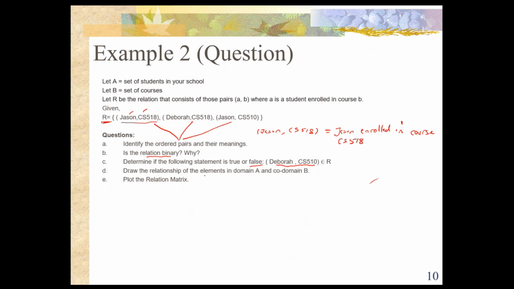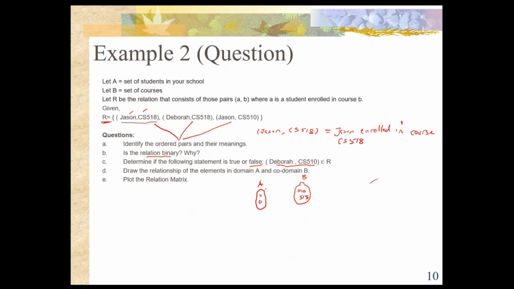Draw the relationship of the elements in domain A and codomain B. Okay, so the gist here is you first draw the domain, then draw the codomain, and you populate them with the elements, Jason, Deborah, and then you populate the set B with the courses.